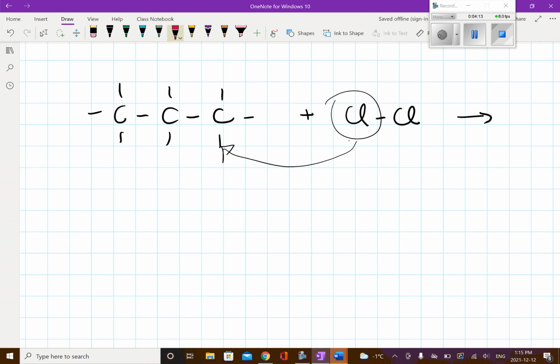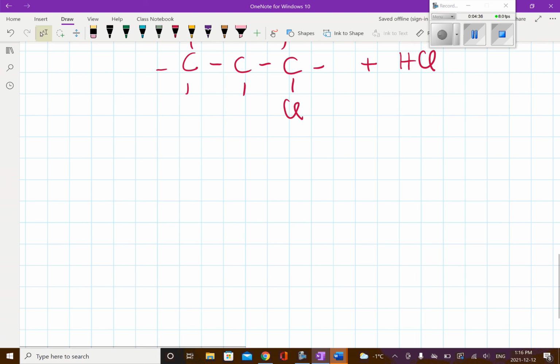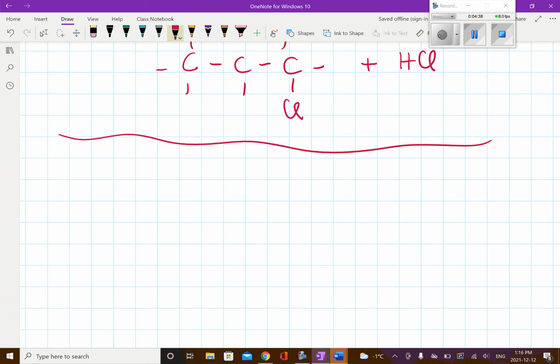So you can place the Cl at any place. I'm placing it here, and the rest will be hydrogen, and then the hydrogen that is kicked out will be bonded with chloride and will form hydrochloric acid.